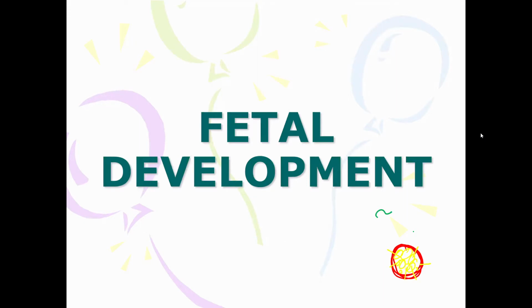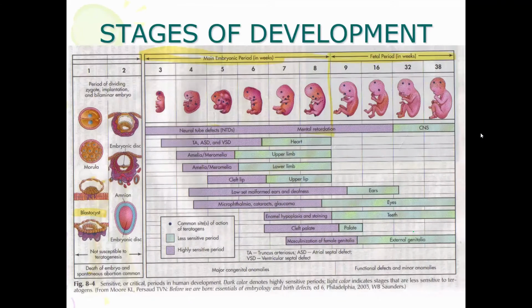The embryoblast gives rise to the future embryo, and the trophoblast gives rise to the placenta. There are 2 cavities, the yolk sac and the amniotic cavity. In week 3 it follows the embryonic period. This part from week 1 to week 2 we already discussed.